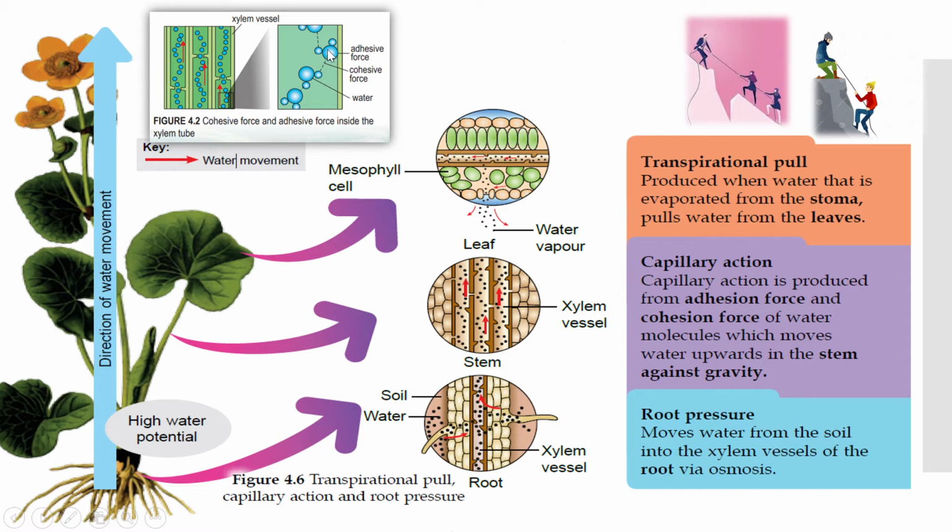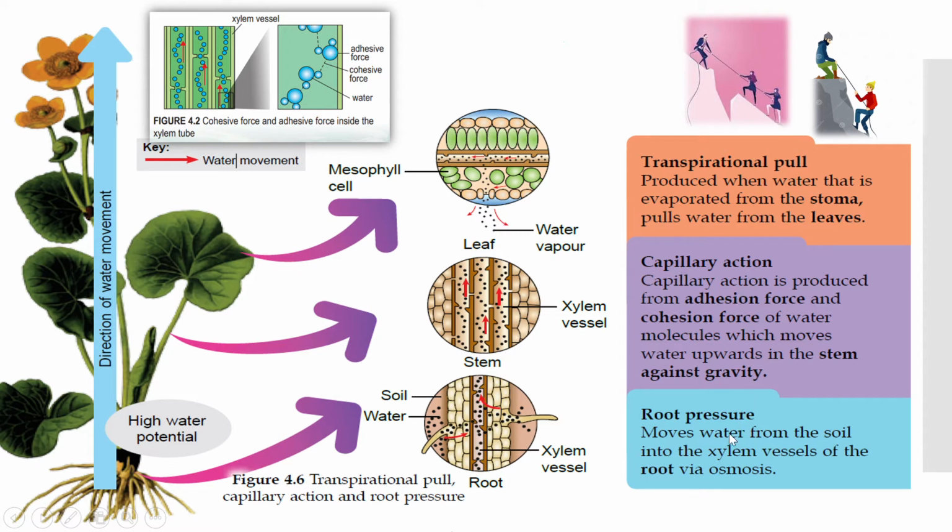So these forces between the water molecules themselves, we call it the cohesive force. There's another force over here which is between the water molecules and also the xylem wall. So that's why water doesn't break. Water is able to go up, successfully driving up against gravity, and that's the capillary action.